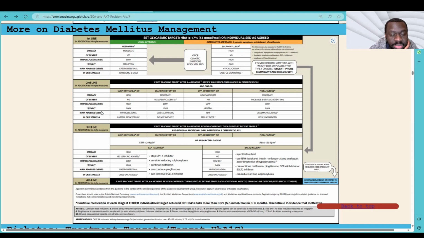The main side effect of sulfonylureas is hypoglycemia. The main side effects of metformin are gastrointestinal: nausea, vomiting, loose stools. We know metformin can also be associated with non-alcoholic fatty liver, so NASH is either a side effect or a complication.